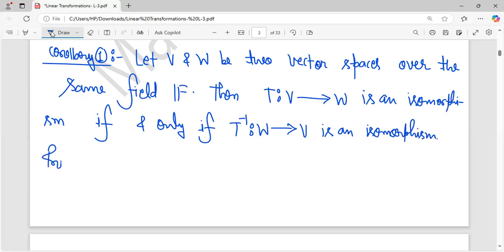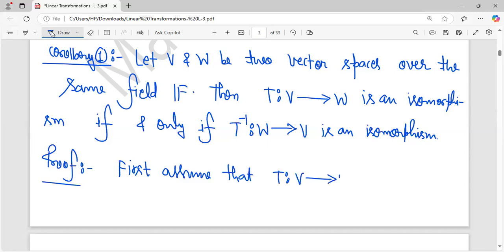So first, assume that T from V to W is an isomorphism.